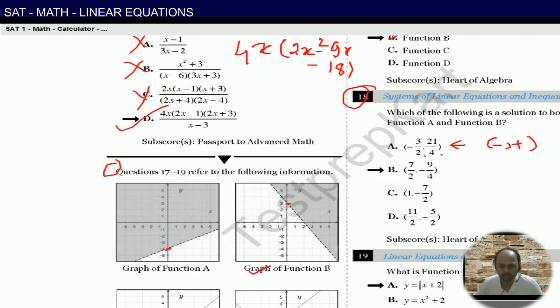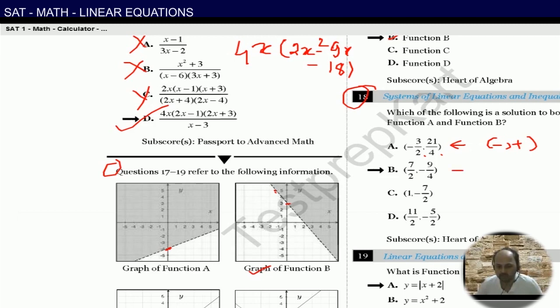So -1.5 and 5.5. We can't say definitely whether it lies in the region, because 5.5 would be somewhere around here. For function A, we can easily say that it would definitely cover, but for function B, it is not quite sure.